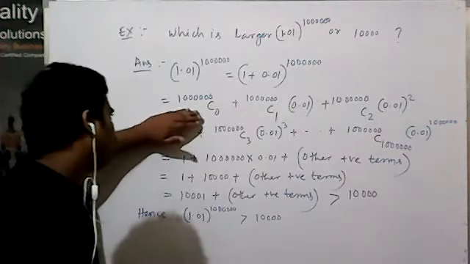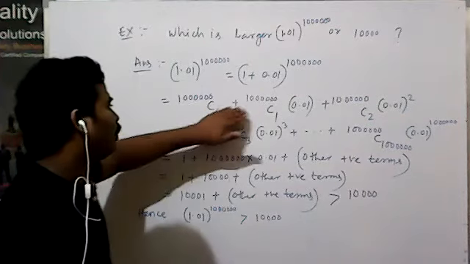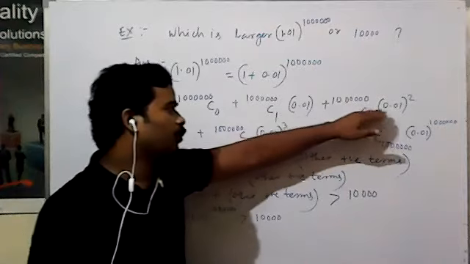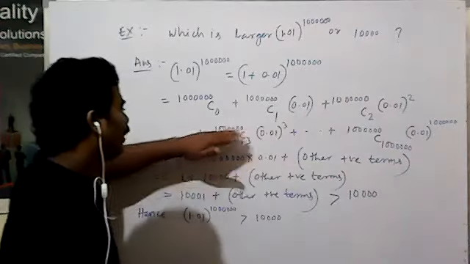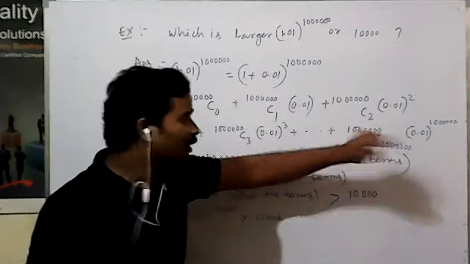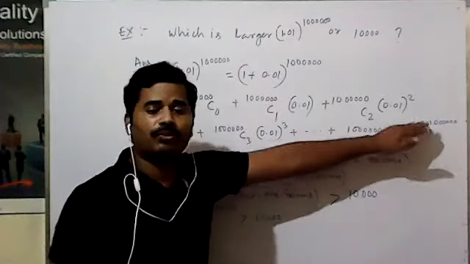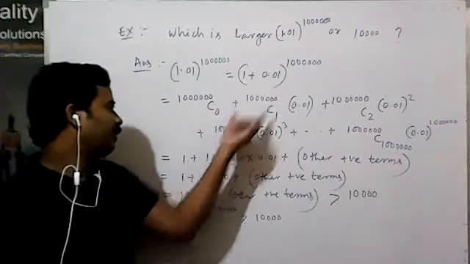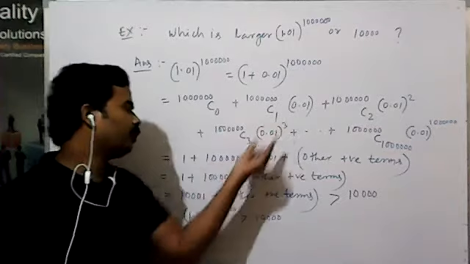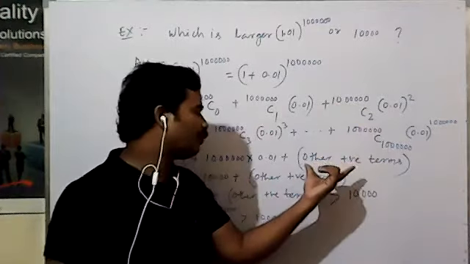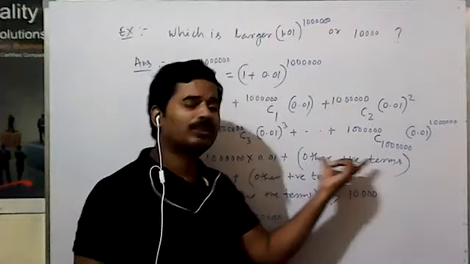By binomial concept, 1 million C0 plus 1 million C1 0.01 plus 1 million C2 0.01 to the power 2, then 1 million C3 0.01 to the power 3, and so on up to 1 million C 1 million 0.01 to the power 1 million. So here the first value is 1, the next is 1 million into 0.01, and other terms are positive terms. So we can simply write other positive terms.